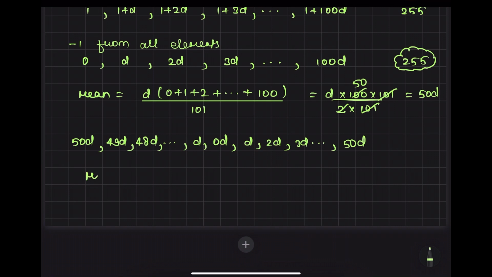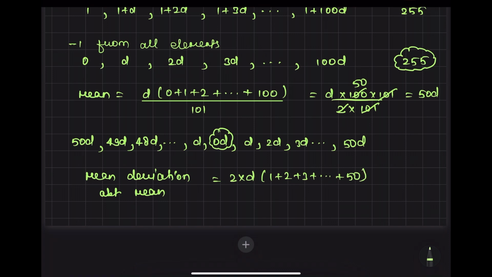Now we will get the mean deviation about mean. So it will become what? Sum of all the elements. If you observe, you will ignore this thing, it is 2 times d common, 1 plus 2 plus 3 plus dot 50, and the number of numbers is what? 101.